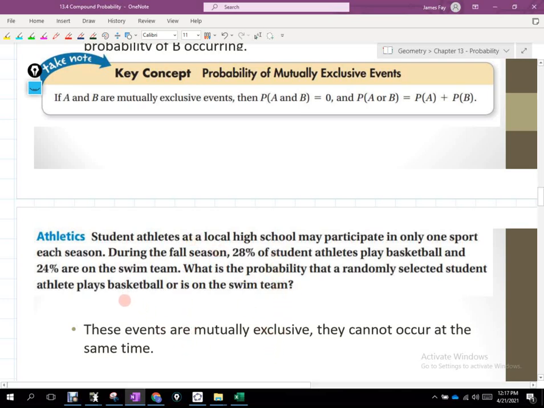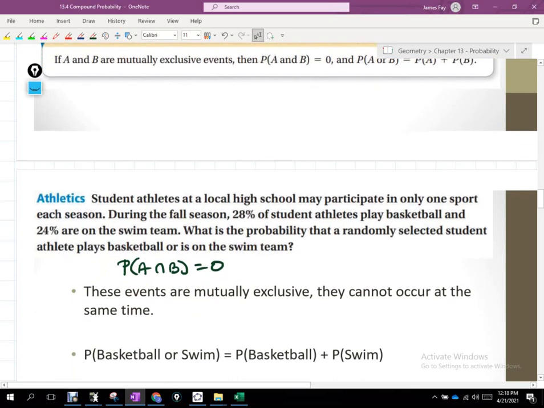So the probability of A and B we know is going to be 0. Maybe instead of A and B, we should use letters like B and S, for basketball and swim. We know they are mutually exclusive because B intersect S, basketball and swimming, is 0. Can't do it at the same time.